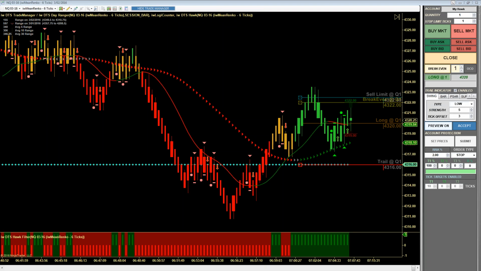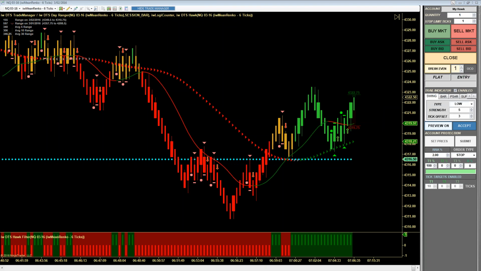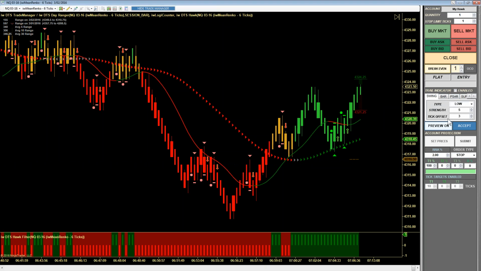Crude oil also really stuck sideways here at the moment. All right, so they managed to get up there, tag the break even and our profit objective. So a nice little quick scalp out of that.